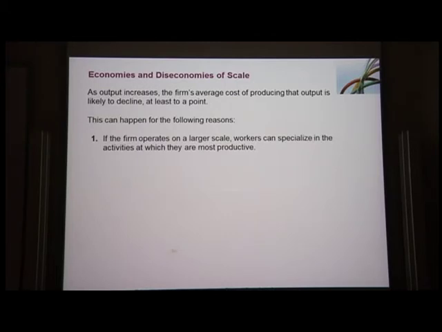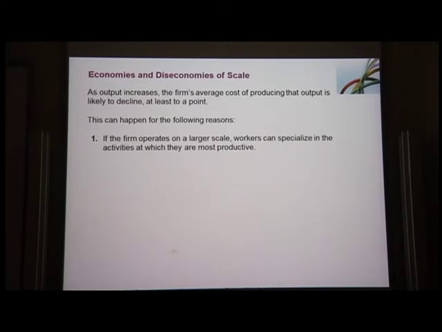Now, if the firm operates on a large scale, what can workers then do? This can bring in economies of scale: workers can specialize in the activities at which they are most productive. You can find it if you look at a motor car manufacturer, at the assembly plant of a motor car manufacturer, or say Coca-Cola, which produces bottles and cans of Coca-Cola, workers specialize only in a certain task.